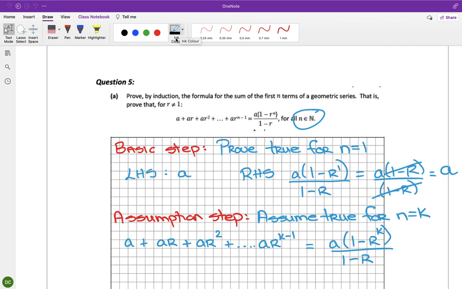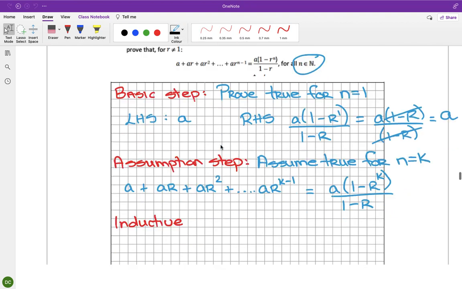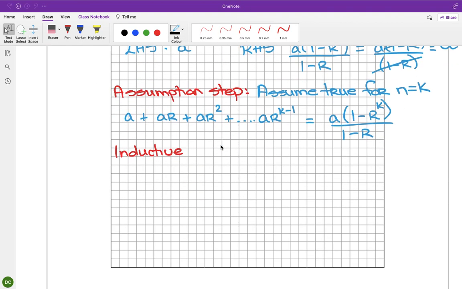And then the inductive step is where we prove that it's true for n equal to k plus 1, given that n equal to k is true.